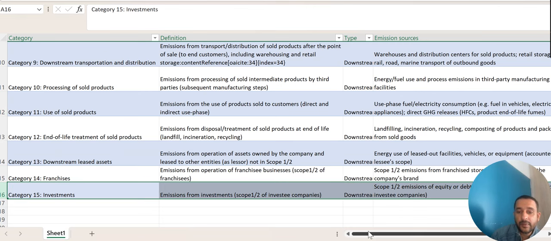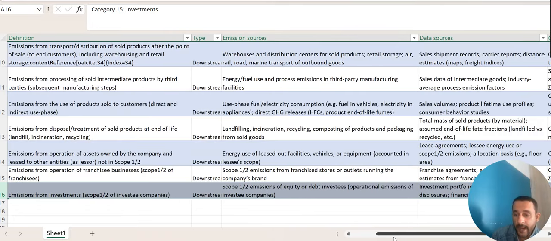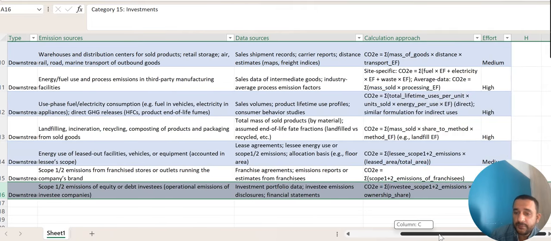Investments. These are financial investments, mostly applicable in the case of banks, financial institutions, and venture capitalists who invest in different companies. So they have investee companies. Mostly I have seen that you have your investment portfolio data.